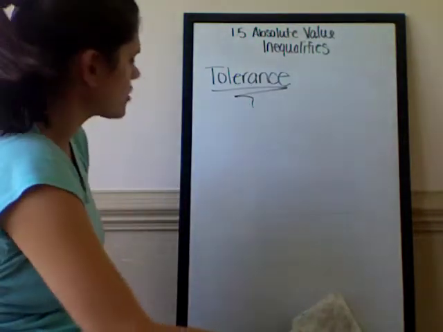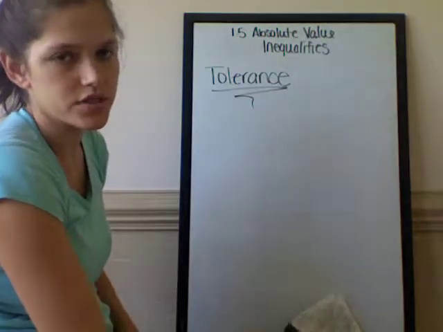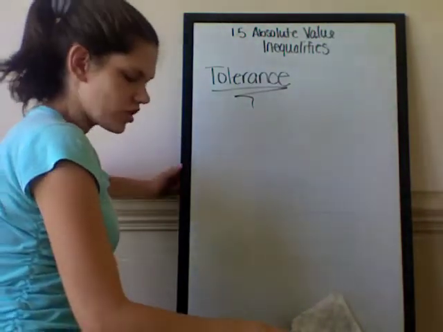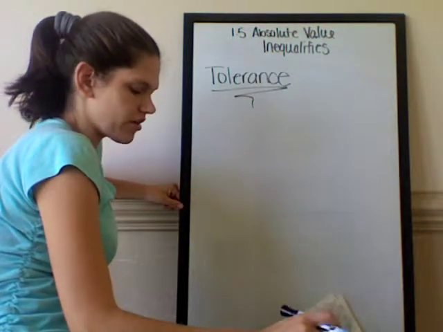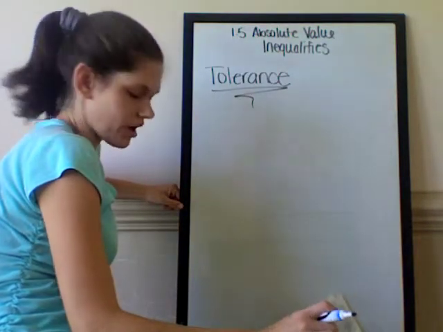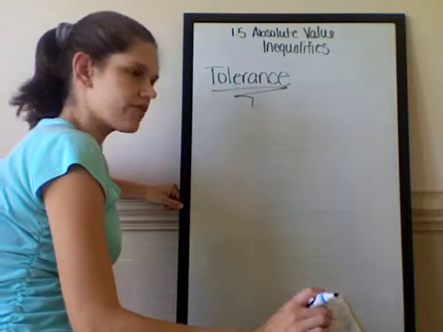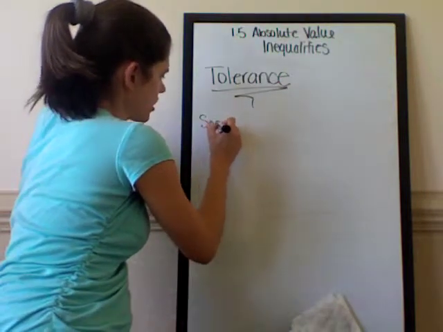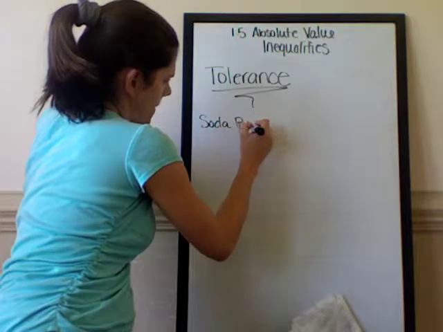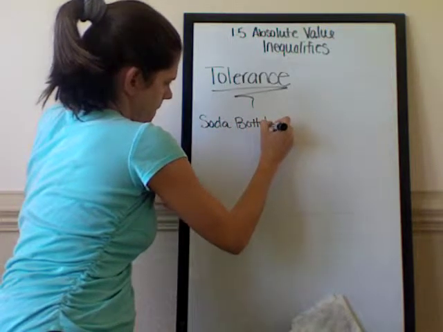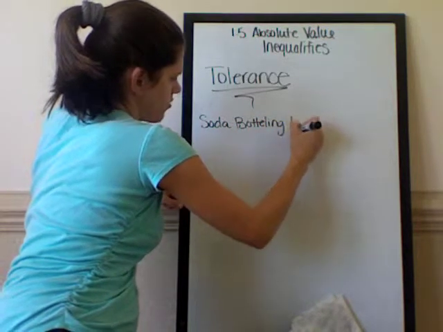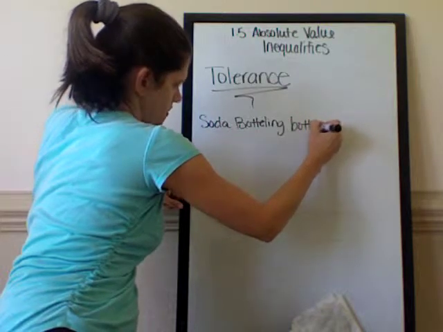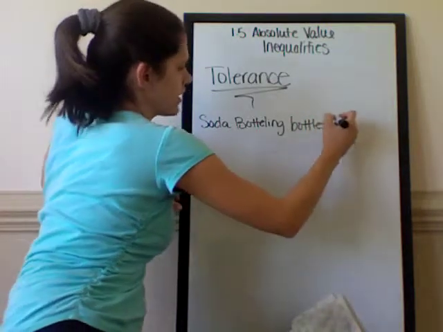Alright, so here's a word problem that involves tolerance. A soda bottling company bottles different varieties of 20-ounce sodas.